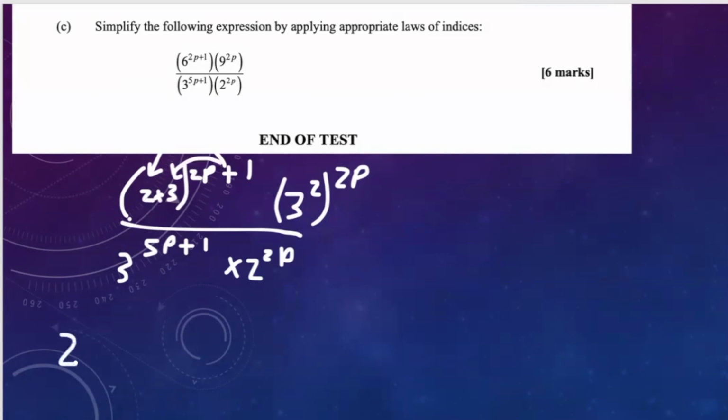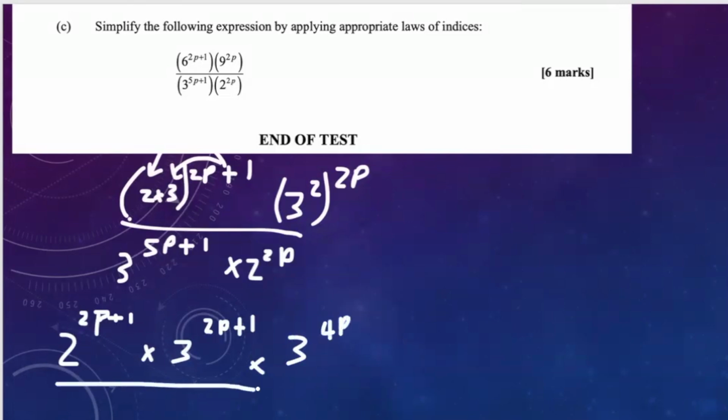So by right, we have 2 to the 2p plus 1 times 3 to the 2p plus 1 times, this will be 2 twos are 4, so this is 3 to the 4p, over 3 to the 2p plus 1 times 2 to the 2p.